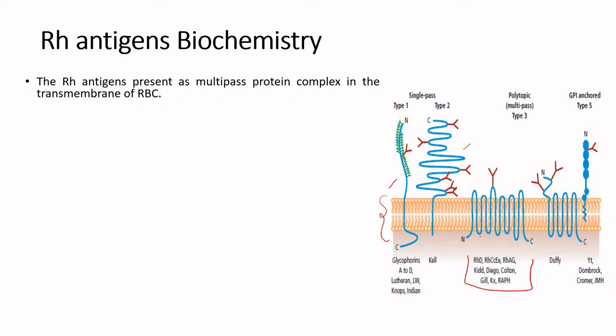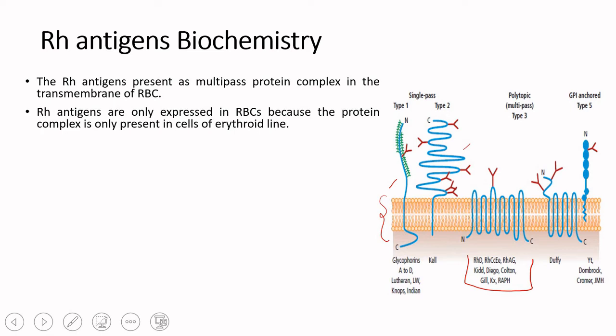Here you can see this particular protein chain is passing through this whole RBC membrane multiple times. That's why it has been named multipass proteins. It consists of different antigens like RHD, RHCE, RHAG, KID, Diego, Colton, Gill, RAPH. These are the names of different blood group antigens and their respective blood group systems.